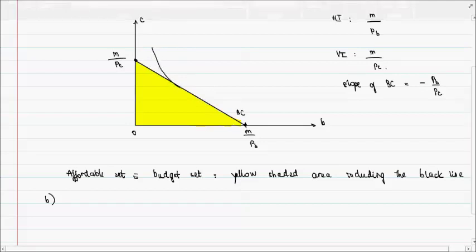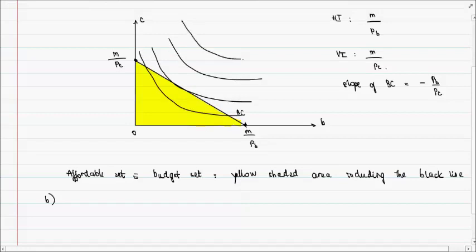So these are the indifference sets, including all the indifference curves for the consumer. The higher the curve, the higher the utility. The direction of increasing utility is going this way, so the higher the curve, the better for the consumer.